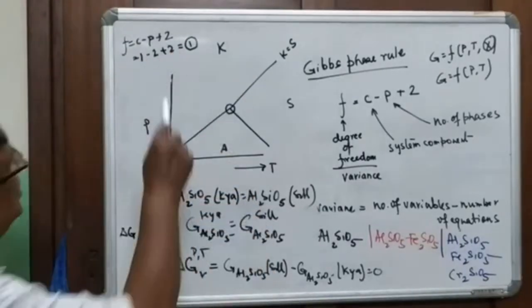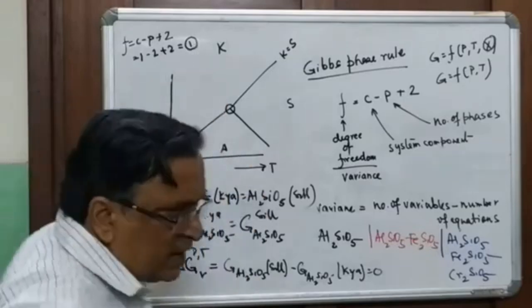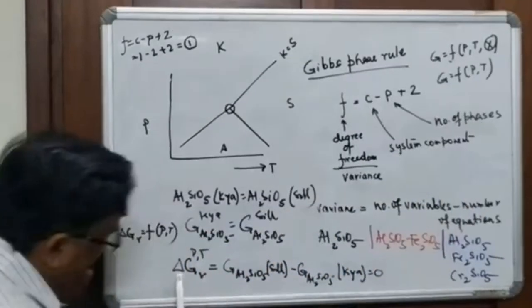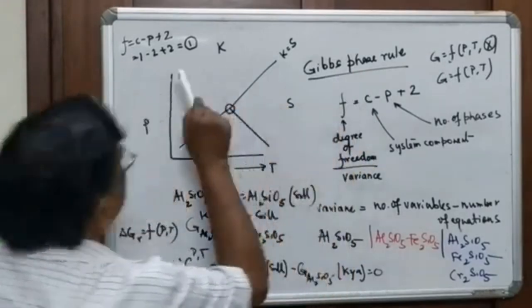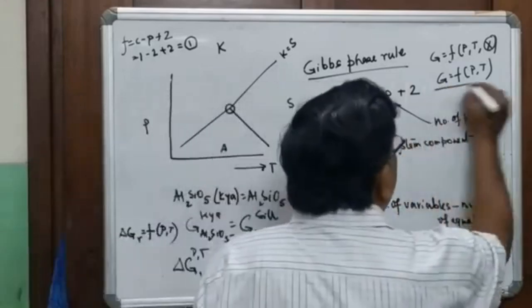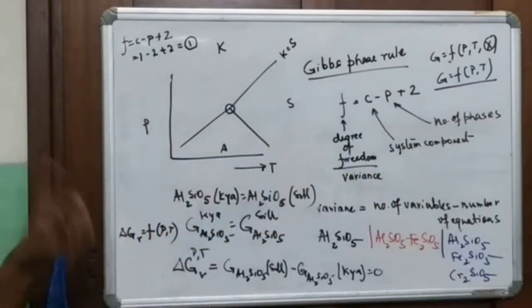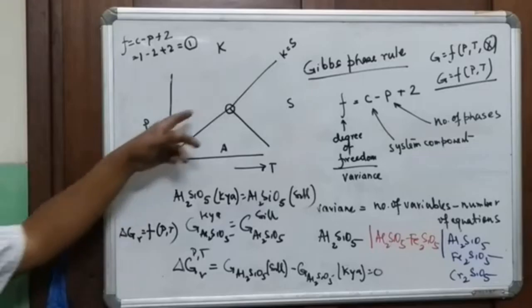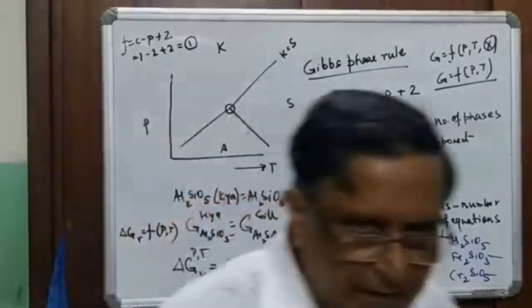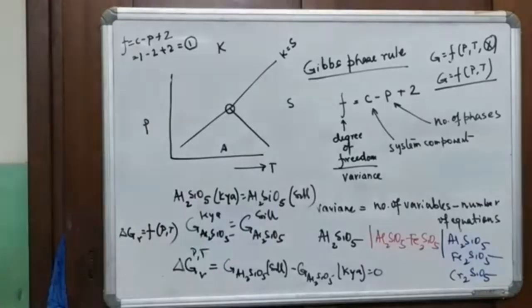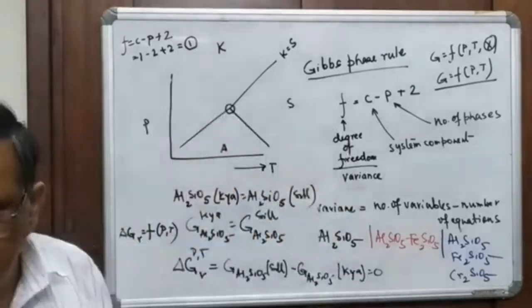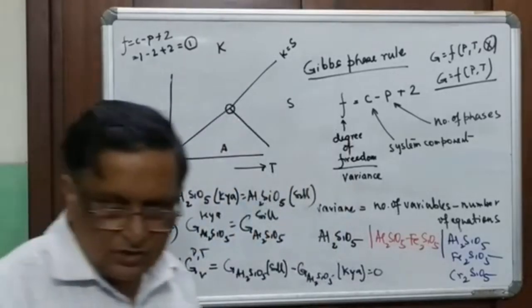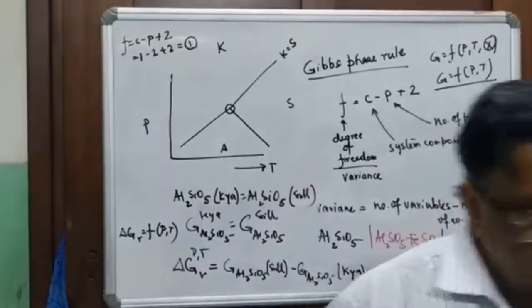So it means one of the variables is constrained, because delta Gr of P and T is equal to 0. That means G is a function of pressure and temperature, as I told you. So if you know temperature, you will find pressure, or if you know pressure, you will find temperature. This phase diagram, sitting on the blackboard, is telling you, folks, you have one equation.